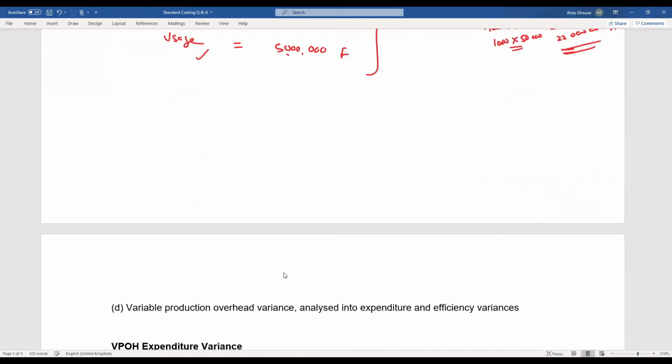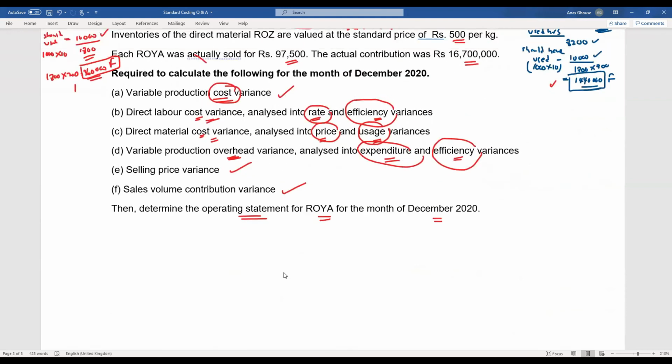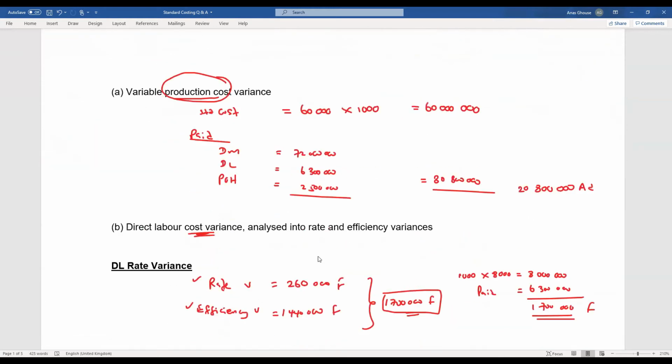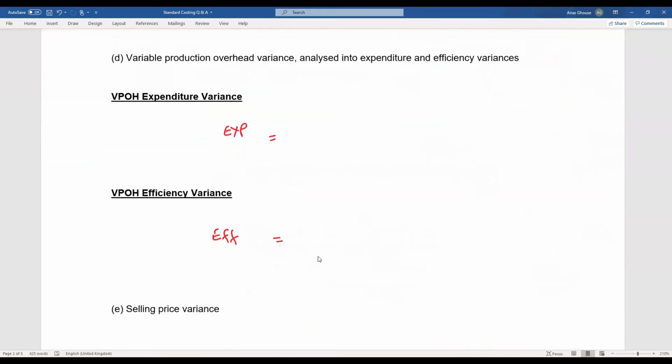The variable production expenditure variance was 860,000 adverse, and the efficiency variance was 360,000 favorable. So if you take these two, the total cost variance should be 500,000 adverse.